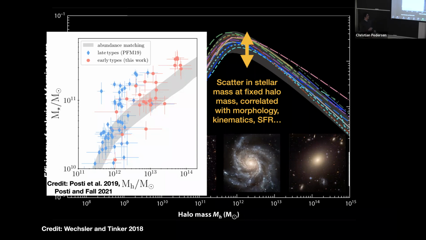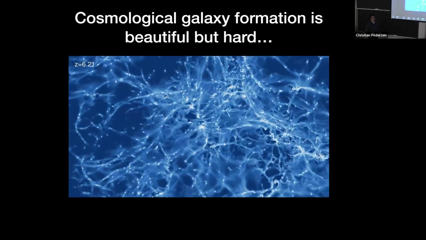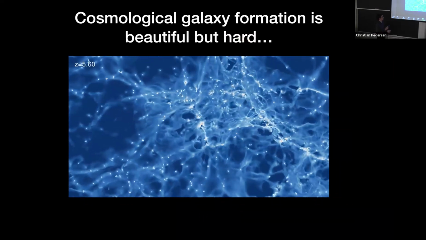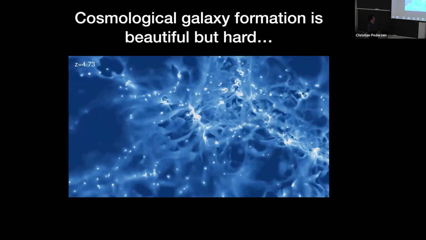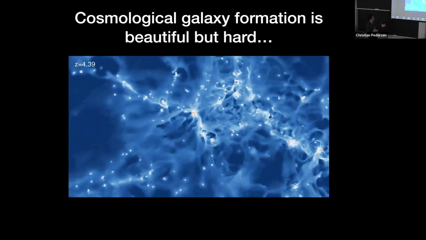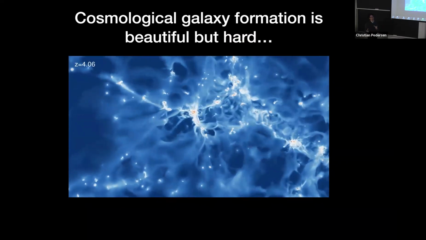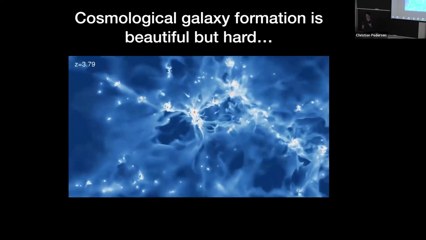Okay, so there's clearly a lot more information than just mass. We haven't really solved this problem, and the reason we haven't is because galaxy formation is actually really hard. Here I'm just re-showing you the same movie as the beginning, and okay, it's a bit jaggy on Zoom. But the bottom line is that galaxy formation is a highly dynamical process.